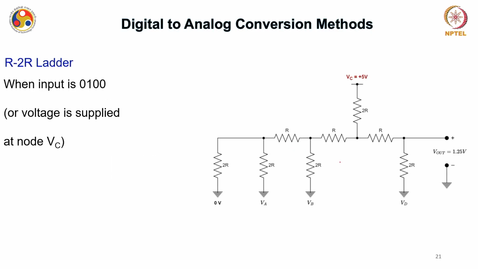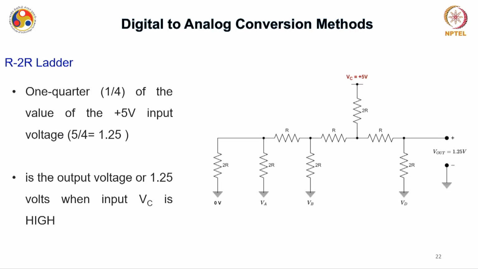Similarly, when the input is 0, 1, 0, 0, VC is now connected to the high value, say plus 5 volt, and the others are grounded. Now, this will be equal to 1/4 of the plus 5 volt input, which is just 5 by 4, or 1.25 volt.